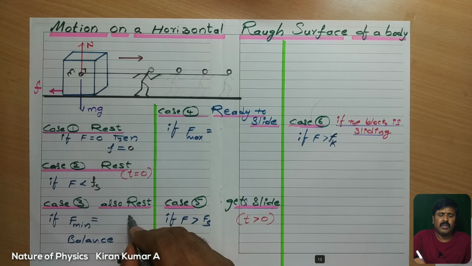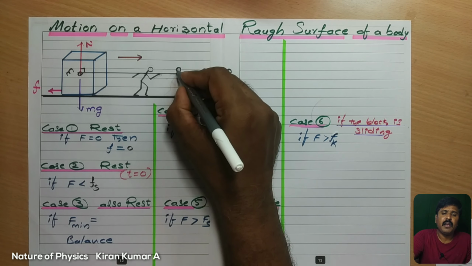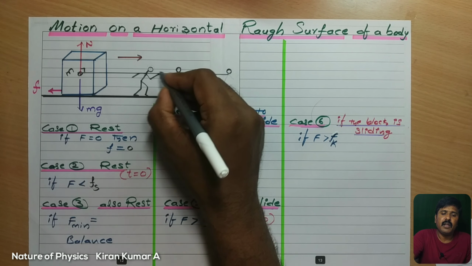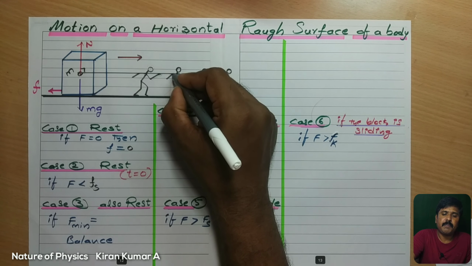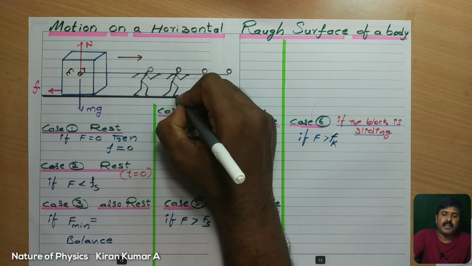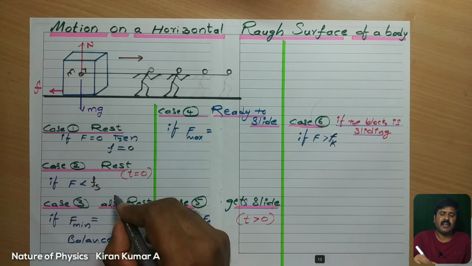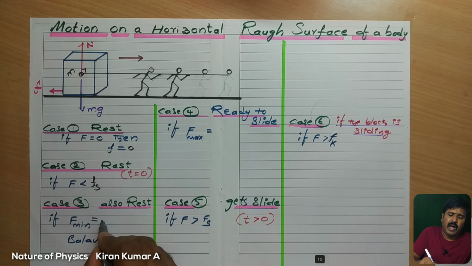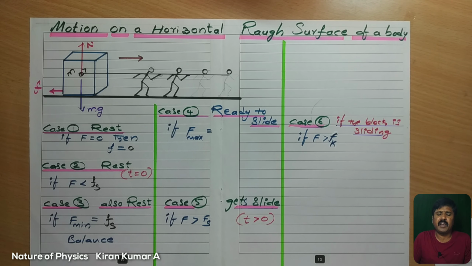Then case 3. In case 3 the block is also at rest, but with the minimum force applied by 2 persons. How many persons are there here? 2 persons are pulling. Even with 2 persons pulling, it is still at rest. So the applied force is taken as the minimum force, F equal to Fs, which means the minimum applied force is equal to the static friction.